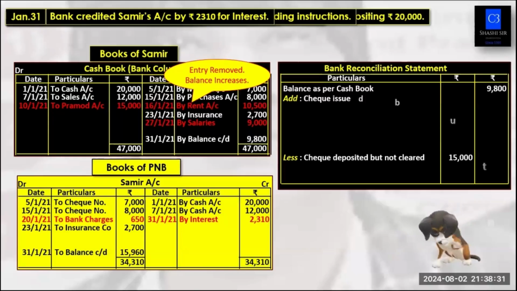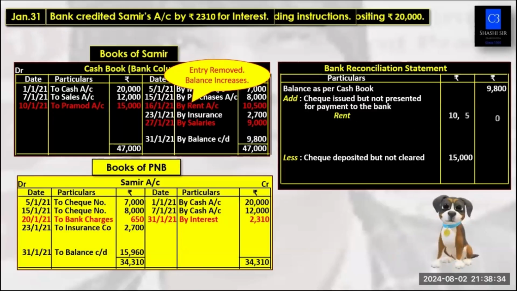Here is the addition. Add check issued but not presented for payment to the bank. So we are over with the three red colored entries that were present in cash book, but not in passbook, not in Samir's account.